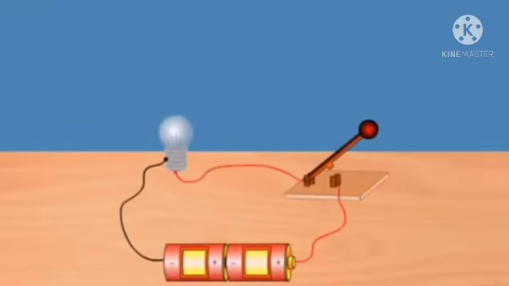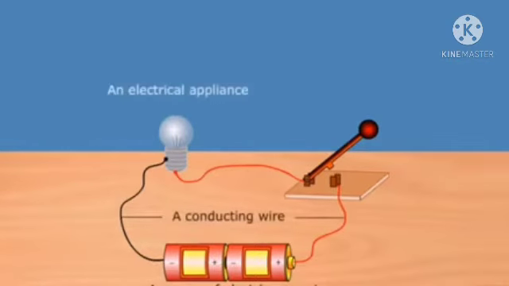Electric current and its effects. Electric circuit. The closed conducting path in which the electric current flows is called an electric circuit. An electric circuit consists of a source of electric current, such as cells, conducting wires, an electrical appliance such as a bulb, and a switch or key.